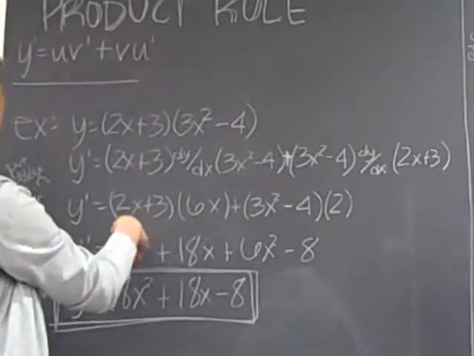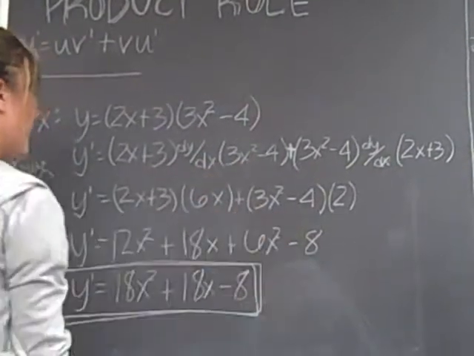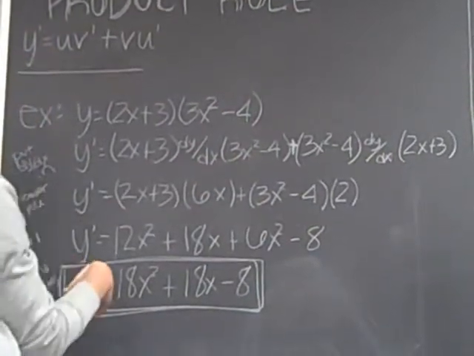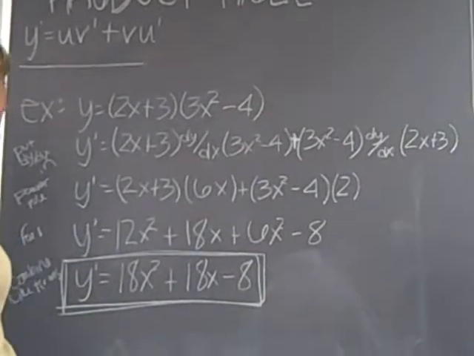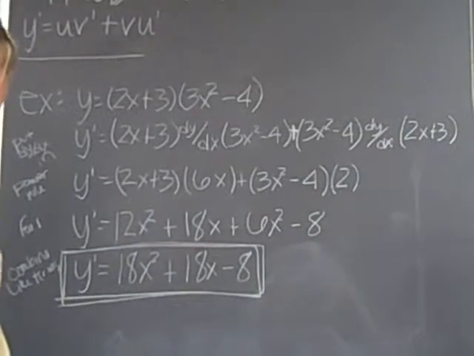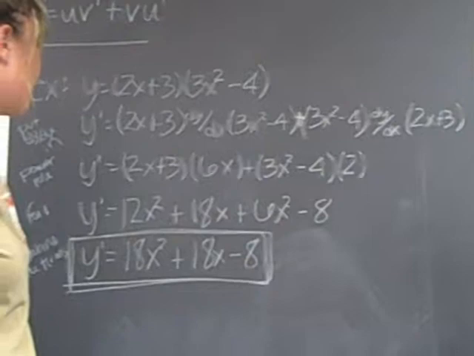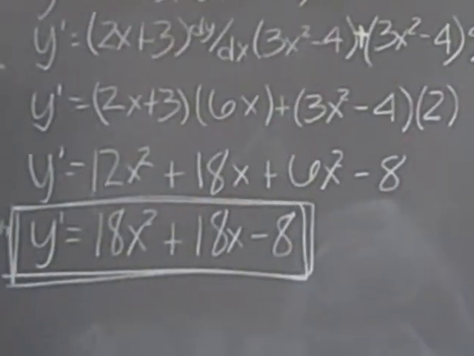Then you use the power rule to solve that out, and you get this, because that's the derivative of that. And then you FOIL it out and you get y' equals 12x squared plus 18x plus 6x squared minus 8. Combine like terms and you get your final answer of y' equals 18x squared plus 18x minus 8.